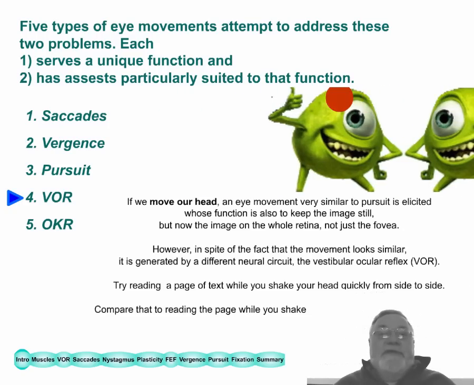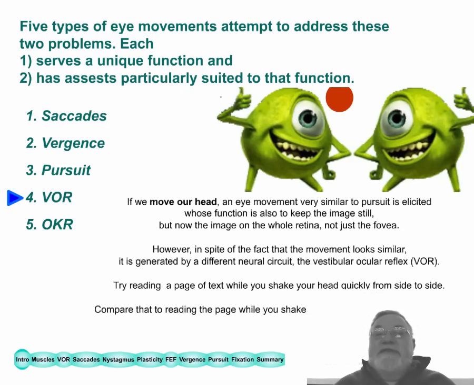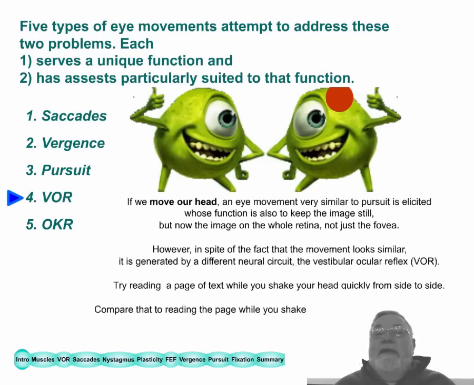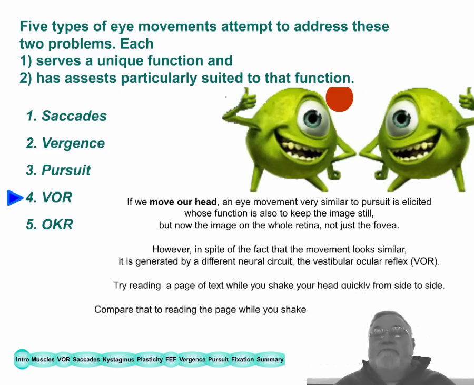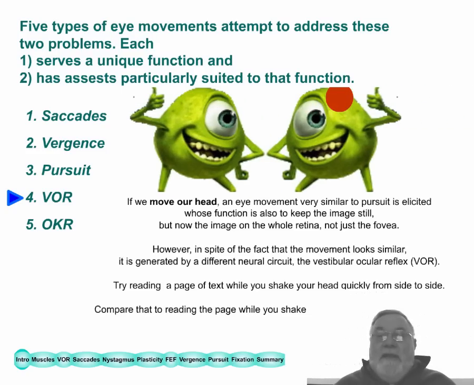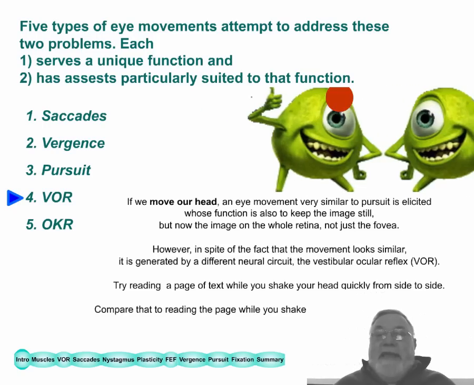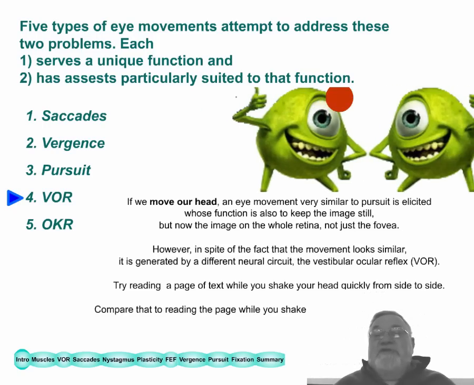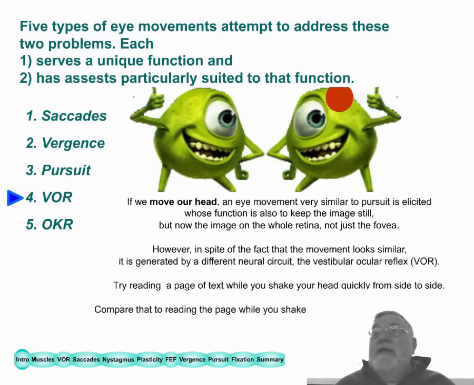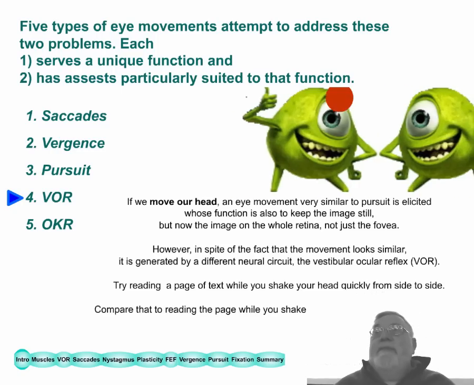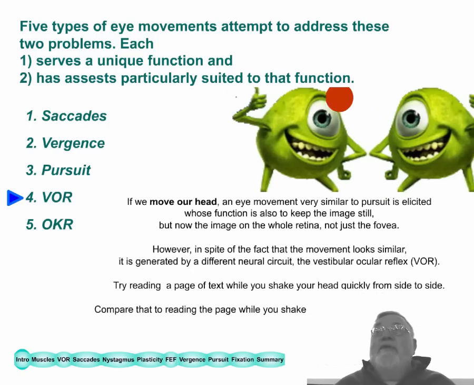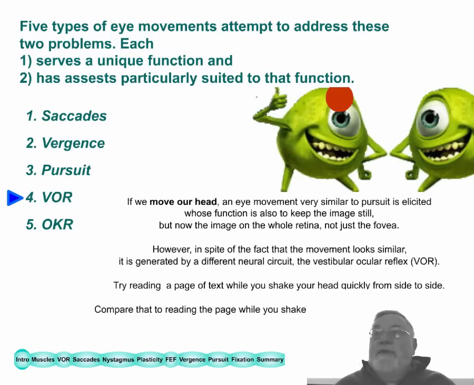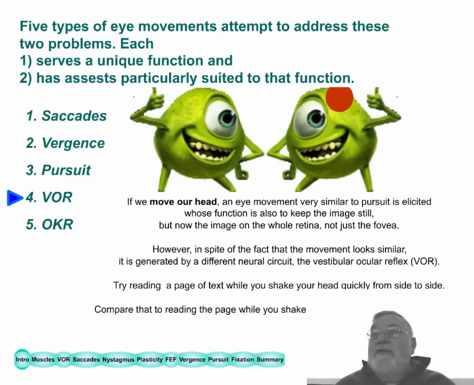The next one is the VOR. And here we can see the VOR being elicited by the translation of these two critters. And again, that looks similar to the pursuit movement we just saw, but we know it's very different, because here at least some of the signal is coming from the vestibular system, which is a very short reflex.